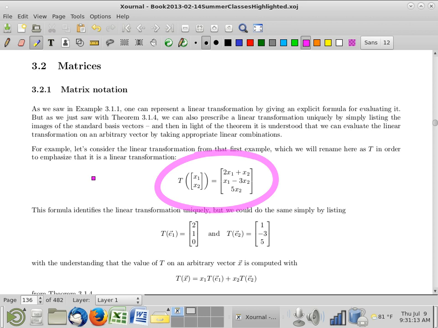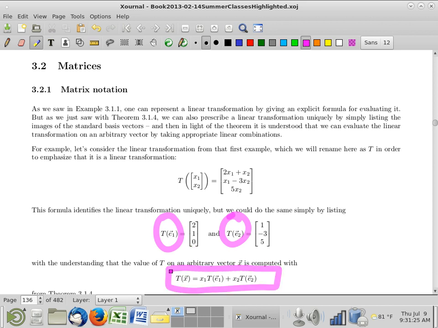We observed last time that if you know the image of E1 and the image of E2, in other words, if you know the images of the standard basis vectors, then knowing simply that it is a linear transformation tells you everything you should need to know. In other words, the information I have circled in purple communicates all the same information that I have circled in blue.